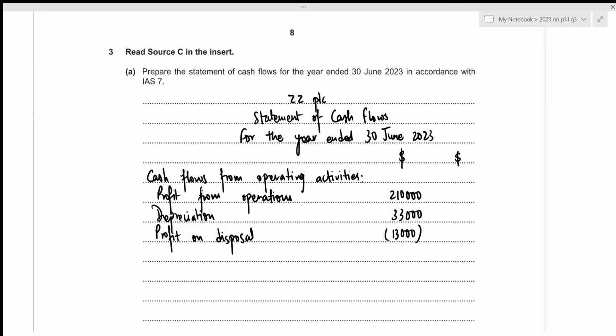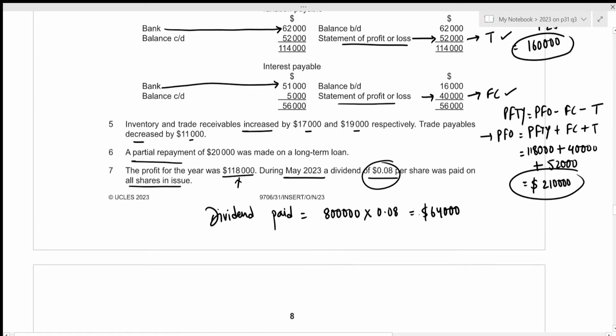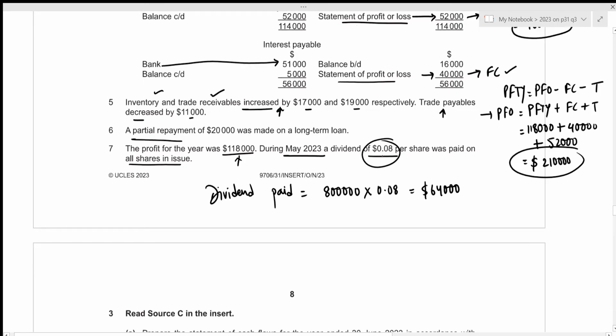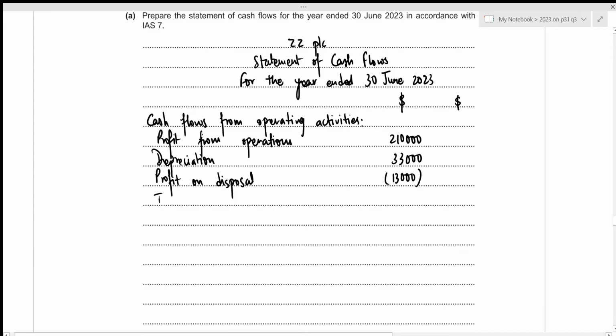So we can move towards including the increment and decrement in our current assets and current liabilities. In this case, we were given the increment values for inventory and trade receivables and the decrement for trade payables. That was 17,000, 19,000 and 11,000. And we have already concluded that all of these will result in cash outflow, so we need to subtract all three amounts. So the first one was increment in inventory, was 17,000.